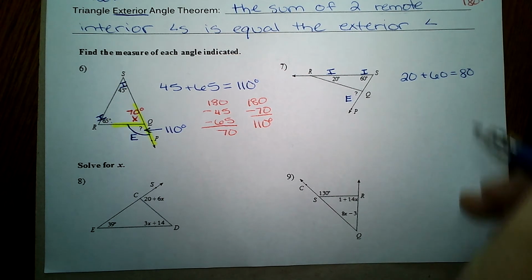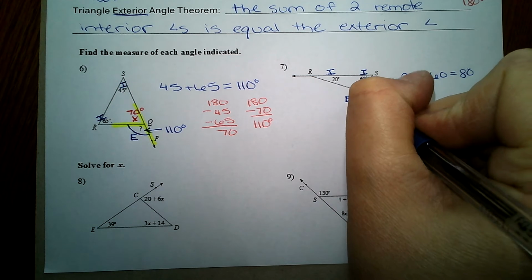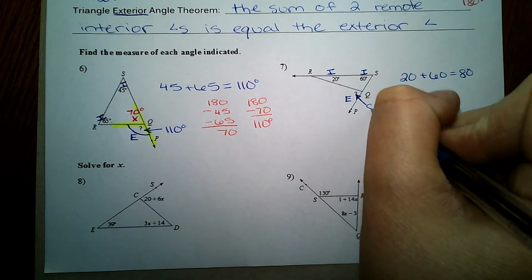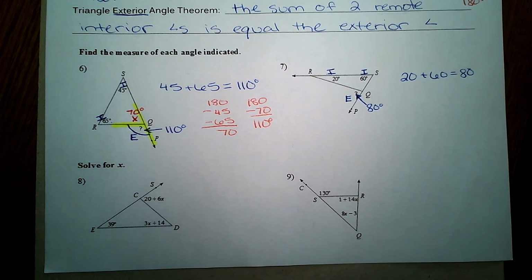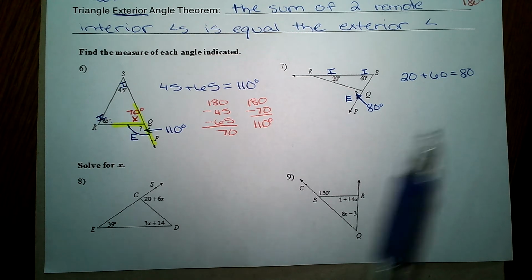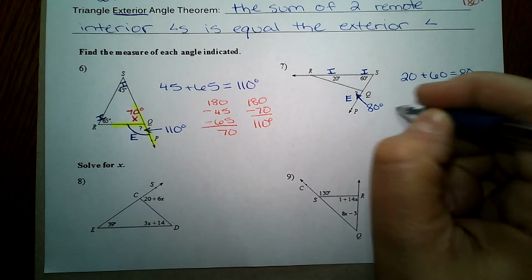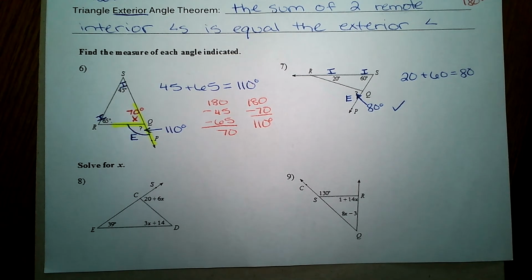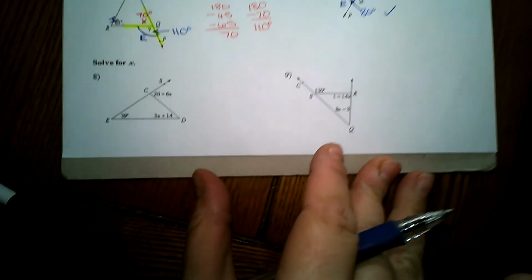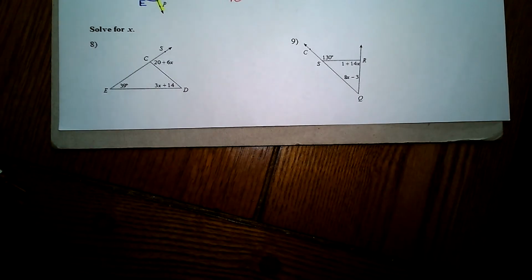That makes 80. So our angle measure here on the exterior is 80. If you would rather work that using triangle sum and linear pair, that would be fine. But I think this is a pretty fast, easy option. In fact, it's the only option when algebra is introduced.